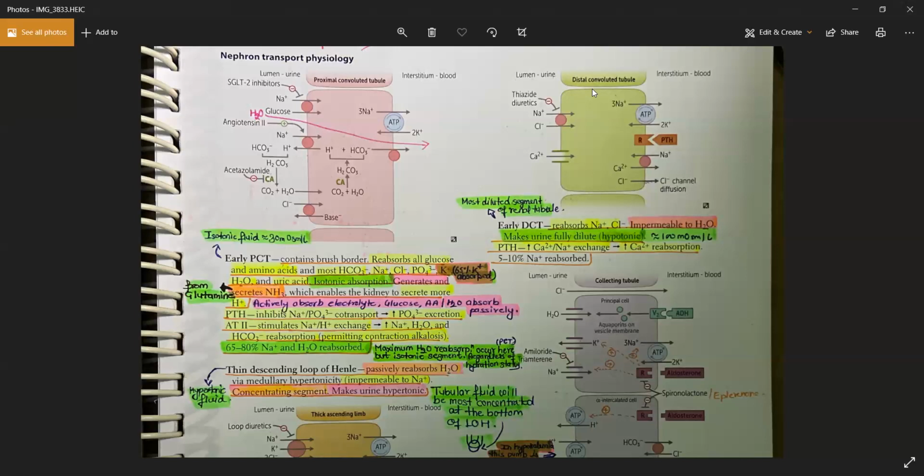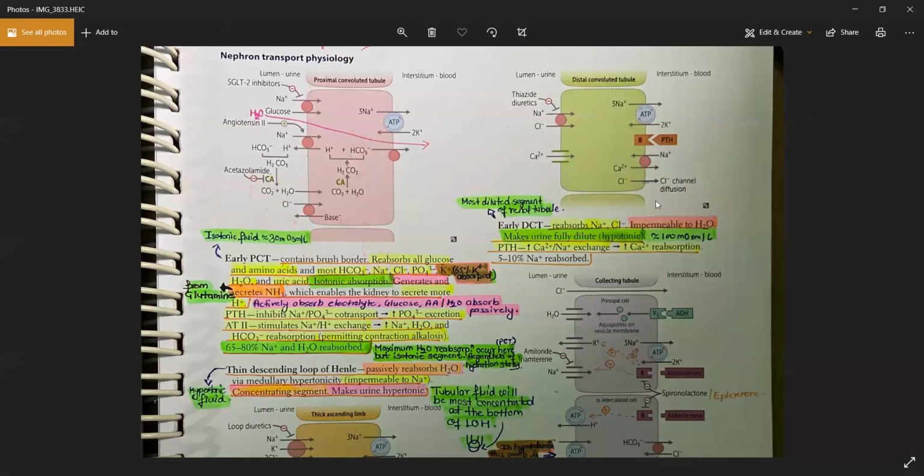They sense the sodium delivery to the DCT. Whenever you have a low sodium delivery, it will activate the RAS. Whenever you have a high sodium delivery, it will inhibit the RAS. Is that okay? So that was about the DCT. Please ask if anyone has any doubt on the DCT.